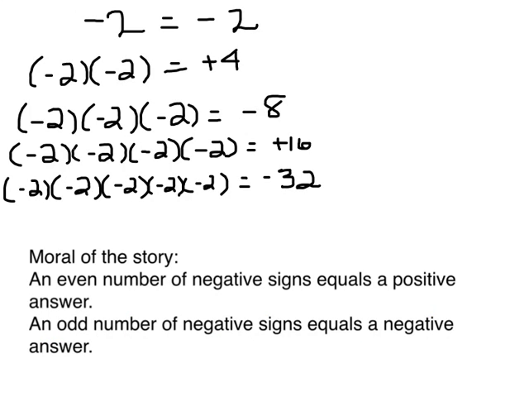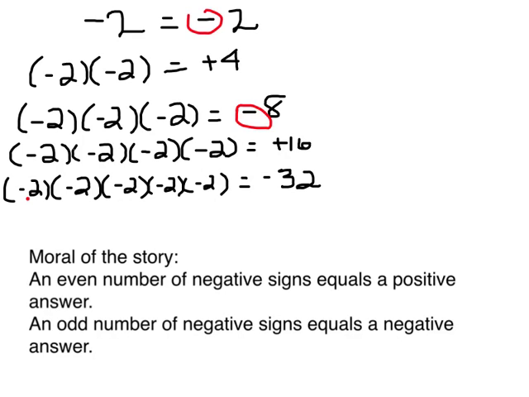So, negative 2 equals negative 2. Negative 2 times negative 2 is positive 4. Negative 2 times negative 2 times negative 2 is a negative 8. Negative 2 times negative 2 times negative 2 times negative 2 is a positive 16.